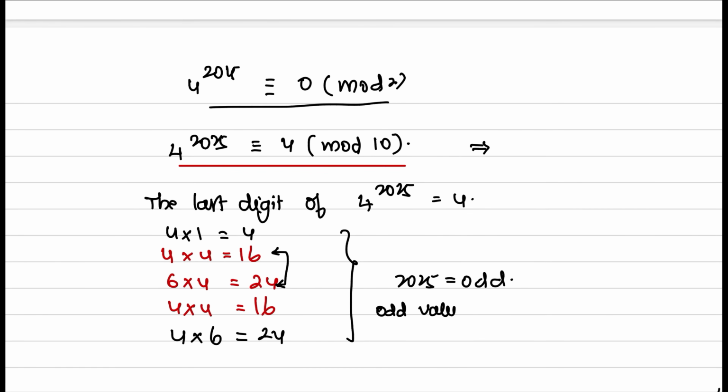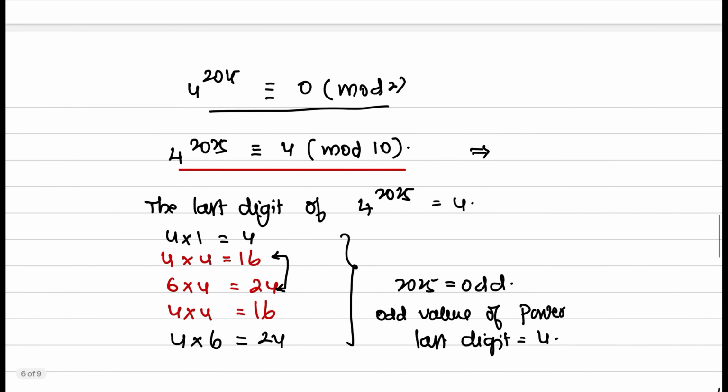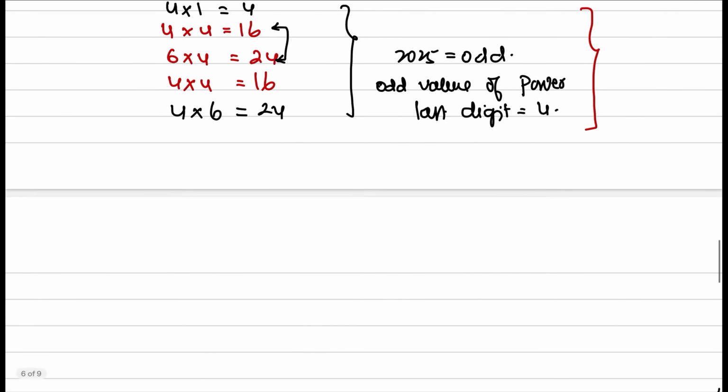Odd values of power, last digit is equal to 4. This is another way of finding the last digit. Now, we got the last digit of 4 to the power of 2025 as 4.